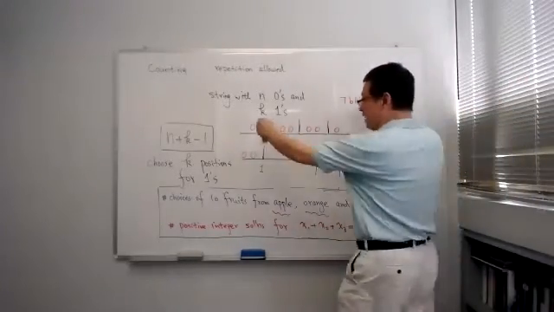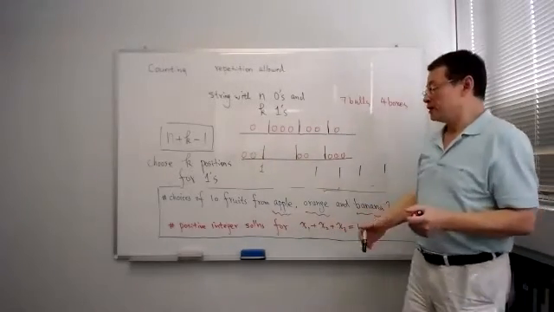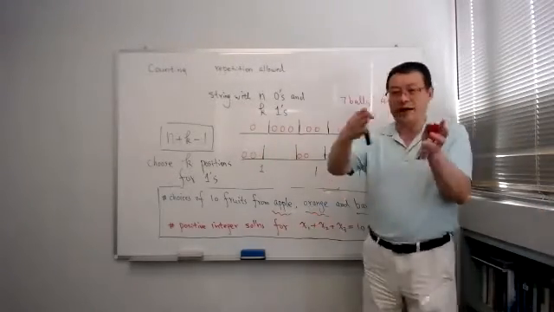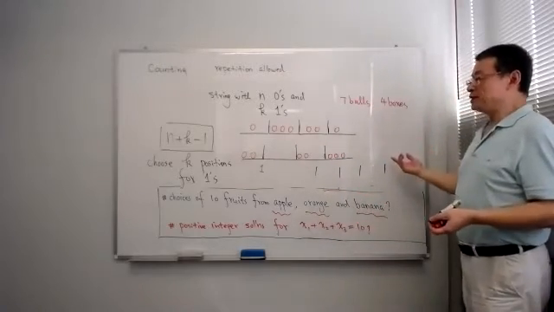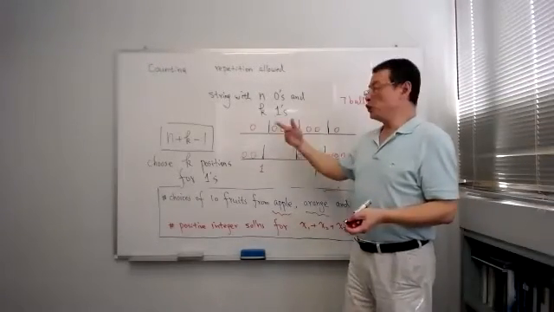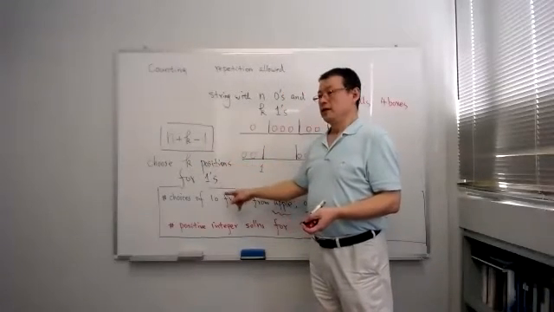So you can think this is a large box, and you need ones to divide it into k boxes. Once we know these positions, we know how they're divided. So the number of different ways is to choose from n plus k minus 1 objects.